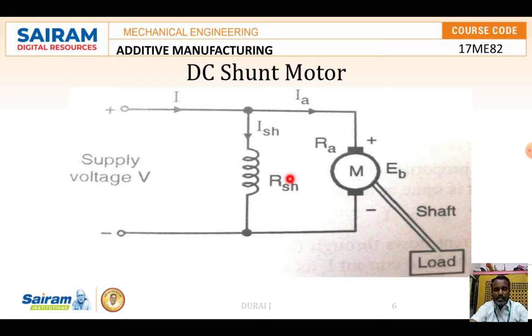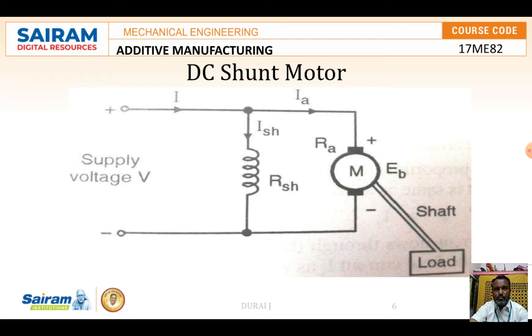It exhibits nearly constant speed over a large range of loading, and it has lower starting torque and good speed regulation. The shunt motor can economically allow adjustable speed by placing a potentiometer in series with the field windings.